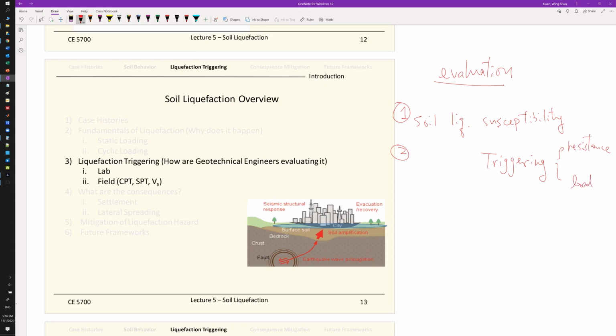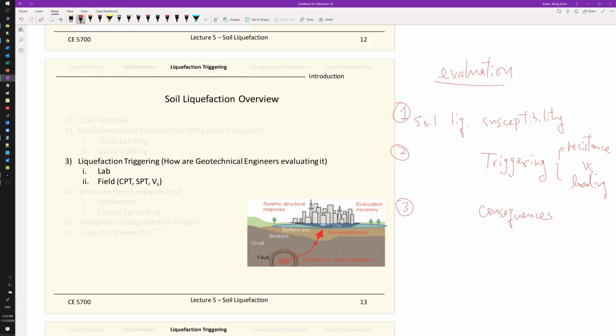The loading is from the earthquakes. You try to compare the loading versus the soil resistance. And third is the consequence, and that's two parts we talk about later: settlement and lateral spreading.